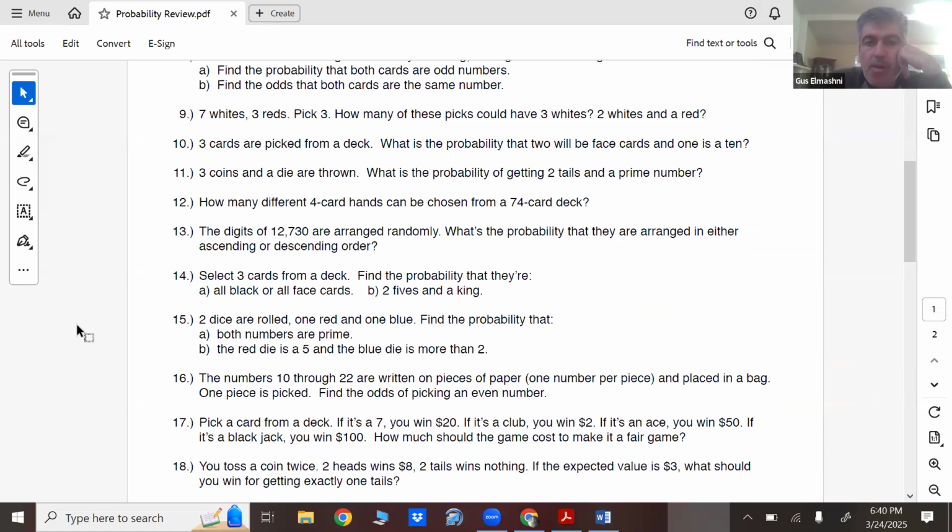That's probability. Seven whites, three reds, pick three. How many of these picks could have three whites or two whites and a red? So you have 10 items total, like coins or tokens. So 10C3 is the total number of picks. If you want three whites, you do 7C3. Or if you're going to do two whites and a red, 7C2 times 3C1.